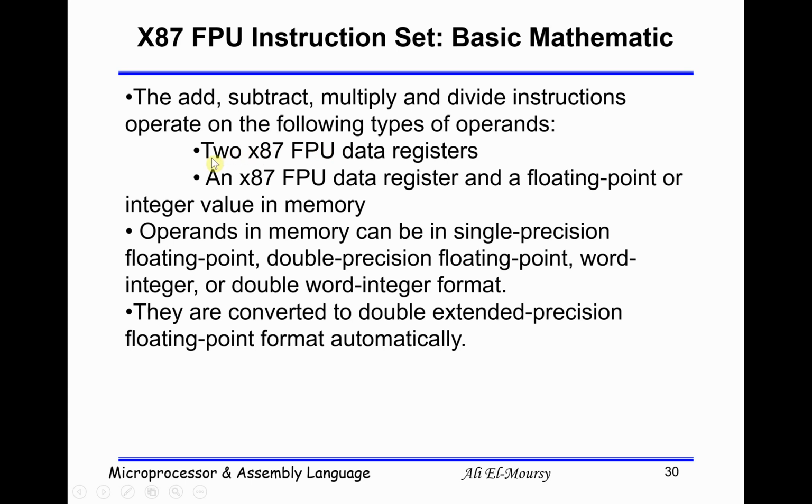The addressing modes can be either two data registers from the x87 register bank, or between the data register and a floating point or integer value in the memory. The operands in the memory can be single precision floating point, double precision, or word integer, or double word integer format. They can also be converted to a double extended floating point automatically if needed.